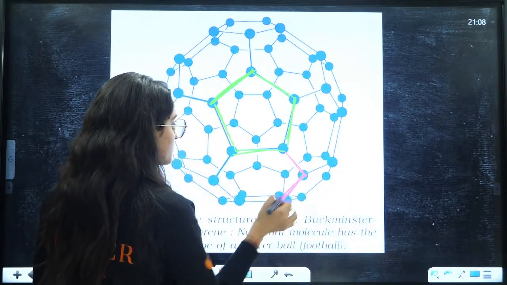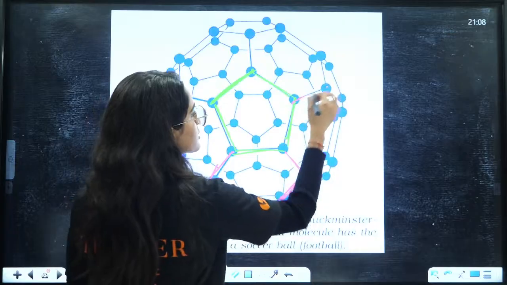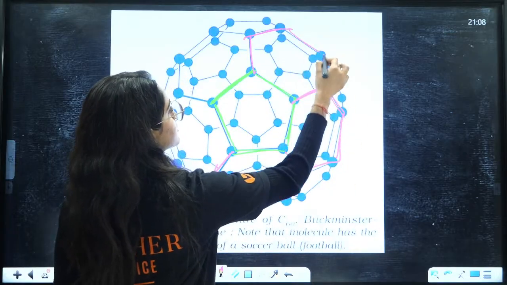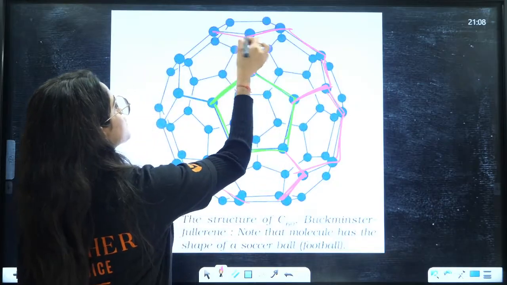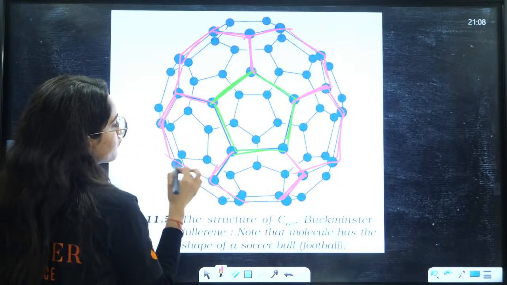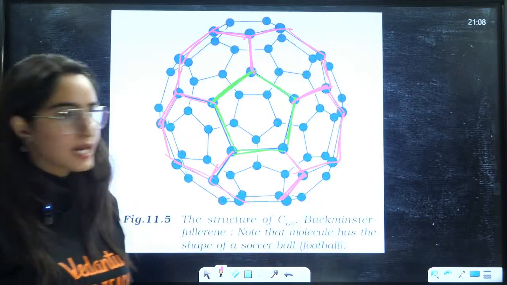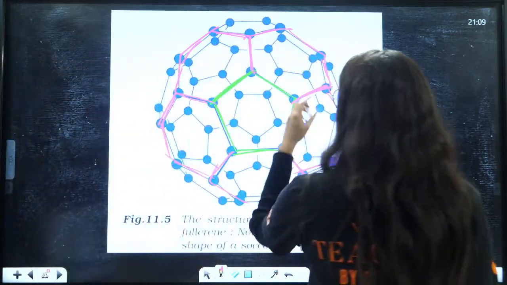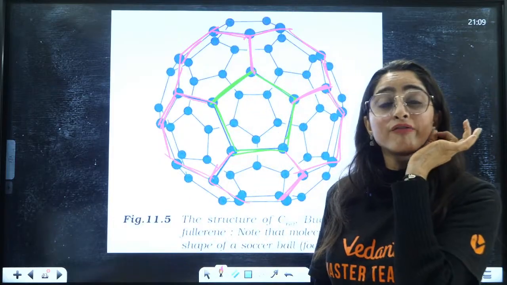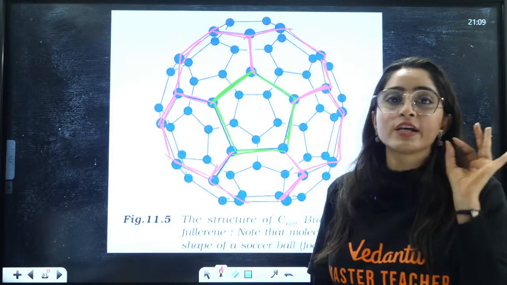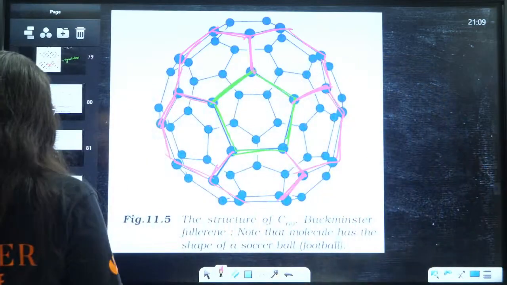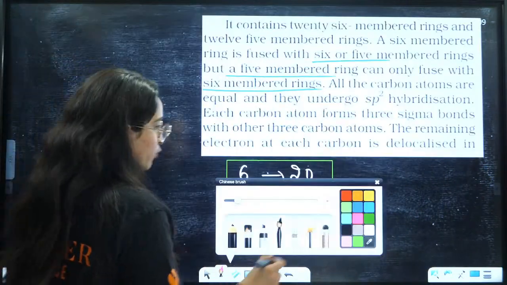This is one 6-membered, then this is another 6-membered, another 6-membered, another 6-membered, another 6-membered. This is a very, very important point. The 6-membered ring can fuse with 5-membered or 6-membered, but a 5-membered ring will always fuse with a 6-membered ring only, right? Very, very important point.